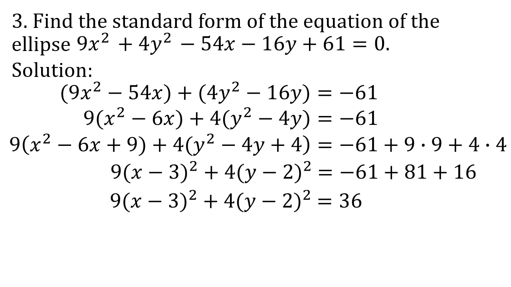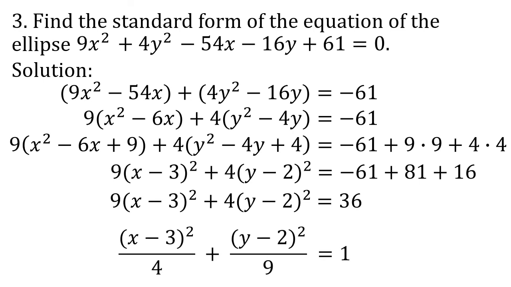For the final touch, divide both sides of the equation by 36 so that we're going to get 1 on the right side of the equation. So that's why we're going to have x minus 3 squared all over 4 plus y minus 2 squared all over 9 equals 1.